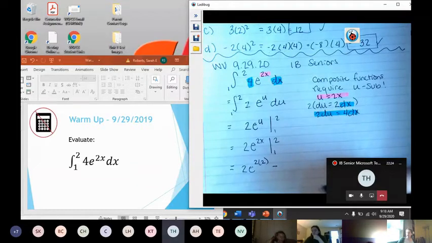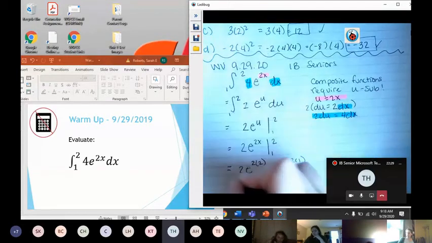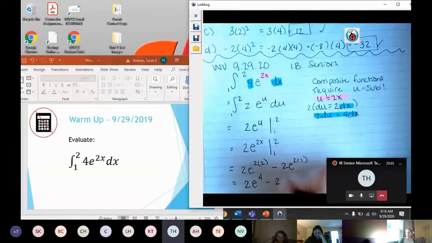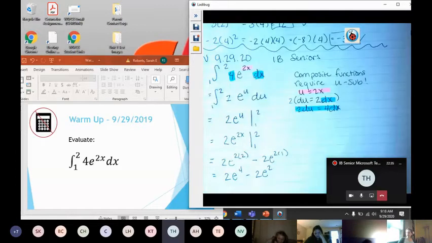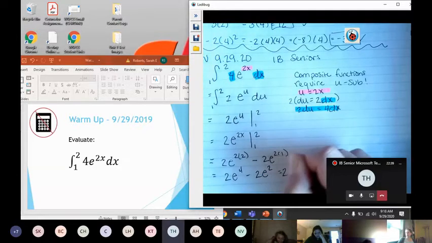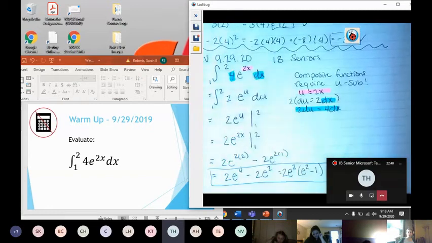Good, very good. And then 2e to the 2 times 1, which should give me 2e to the 4th minus 2e squared. You can leave it like that, or if you want to factor out everything you can factor this as 2e squared times e squared minus 1.